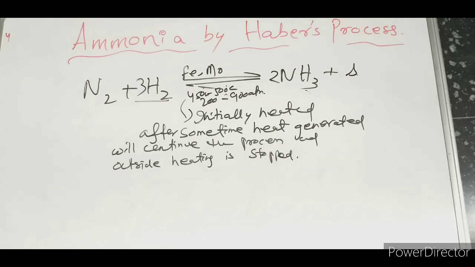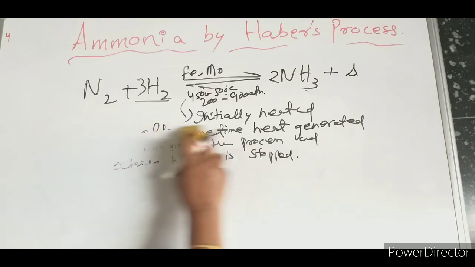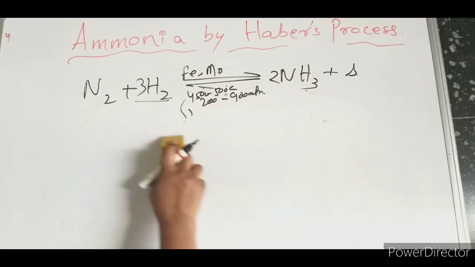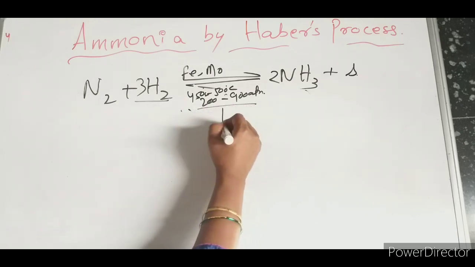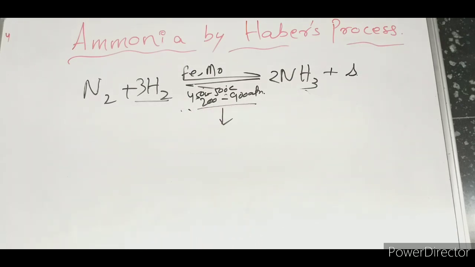Okay, so here then we will go for the pressure. This one will be 200 to 900 atmospheric pressure, because this will be the favorable condition.